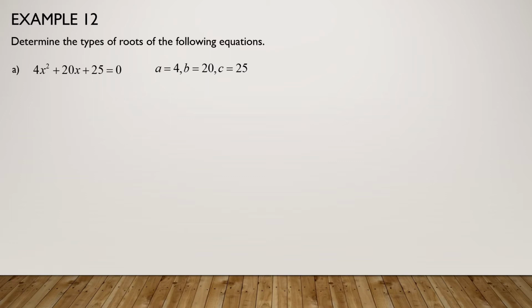A is equals to 4, b is equals to 20 and c equals to 25. Why we need this a, b and c value? Because we want to find its discriminant. So discriminant b squared minus 4ac is equals to 0. Hence, the type of root is real and equal roots.